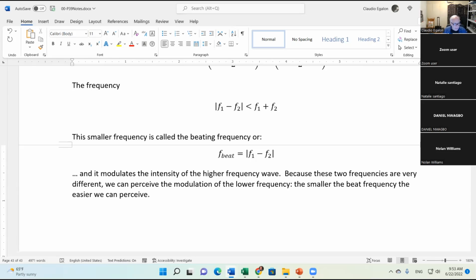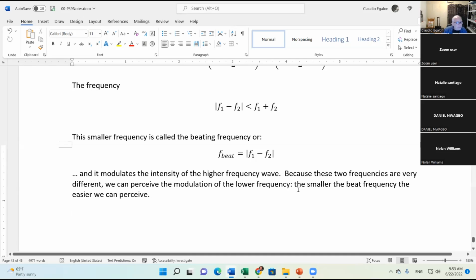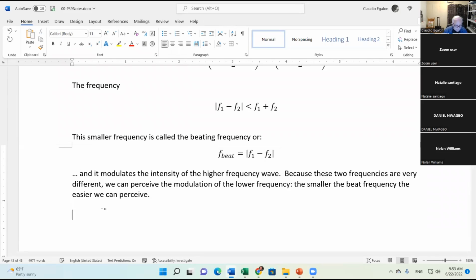So for a beating frequency of 1 hertz, we can hear pulses of 1 second duration, right?